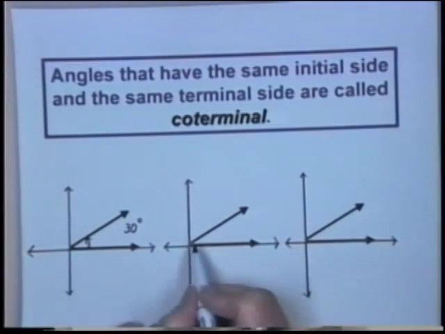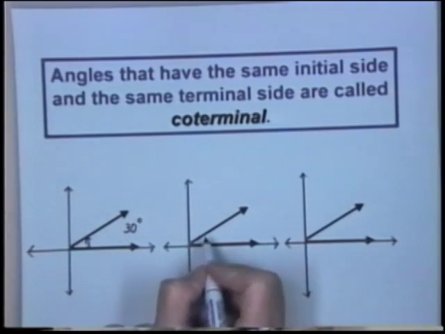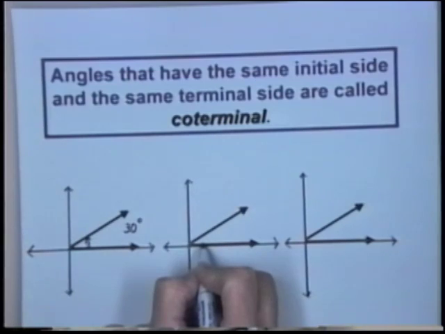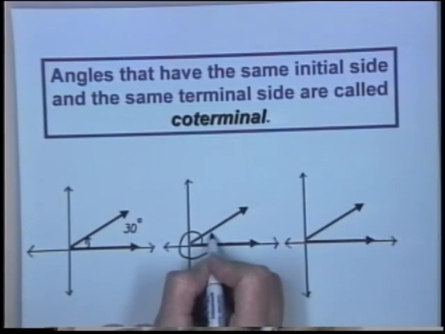Now, for this second angle, its initial side is along the positive x-axis, but I'm going to change the rotation. I'm going to take the ray and rotate it all the way around.